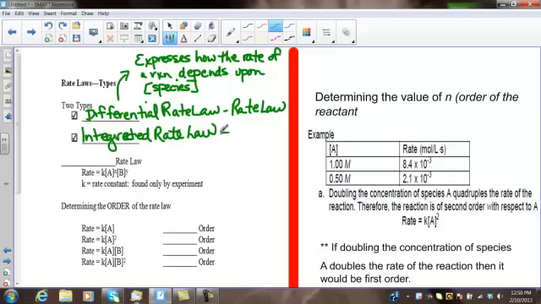And this is how the concentration of the species, meaning the reactant or the product, depends on time. So those are the two different rate laws.